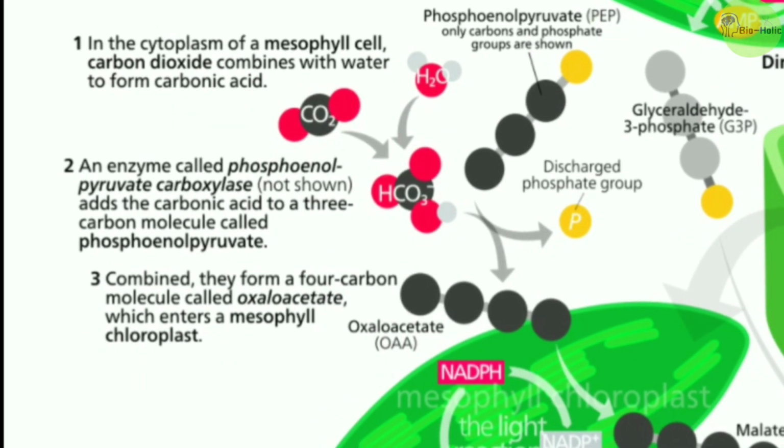An enzyme called phosphoenol pyruvate carboxylase adds the carbonic acid to a 3-carbon molecule called phosphoenol pyruvate or PEP. And then they both combine and ultimately form a 4-carbon molecule called oxaloacetate or oxaloacetic acid, which enters the mesophyll chloroplast. As in this pathway the first stable compound is the 4-carbon molecule oxaloacetate, that's why this pathway is called the C4 pathway.